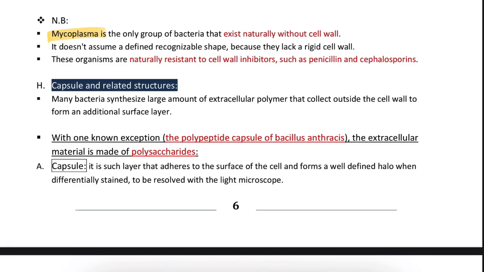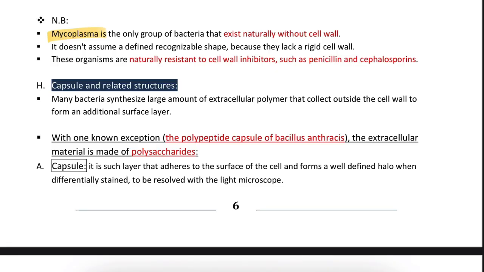The key organism is Mycoplasma pneumoniae. How can we treat? We can treat with antibiotics that target ribosomes like macrolides, azithromycin, tetracyclines, or fluoroquinolones.